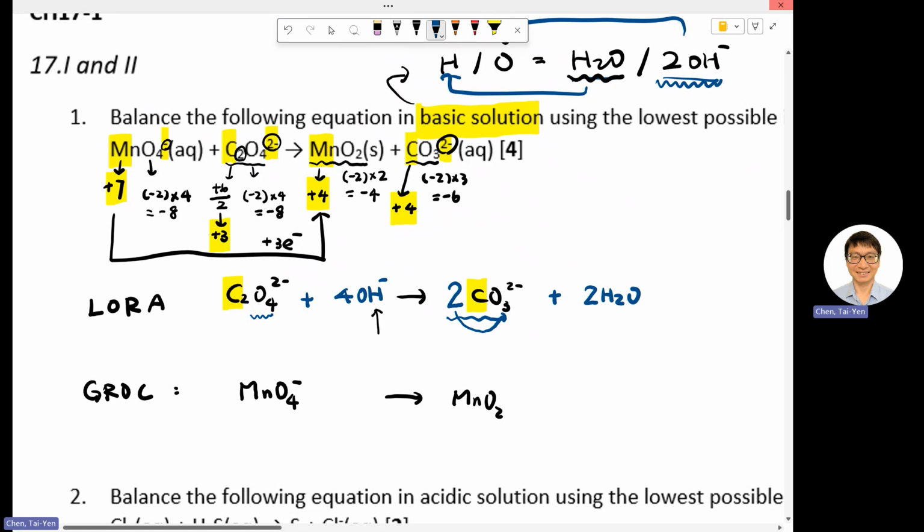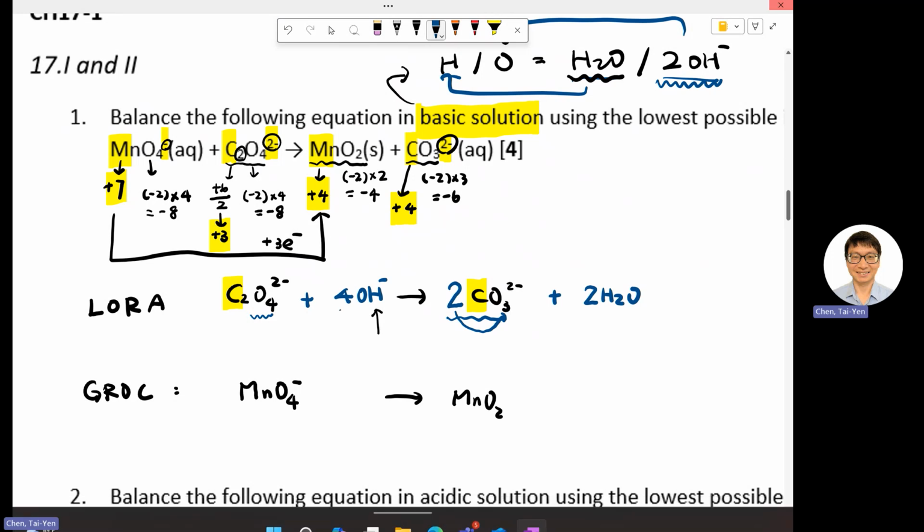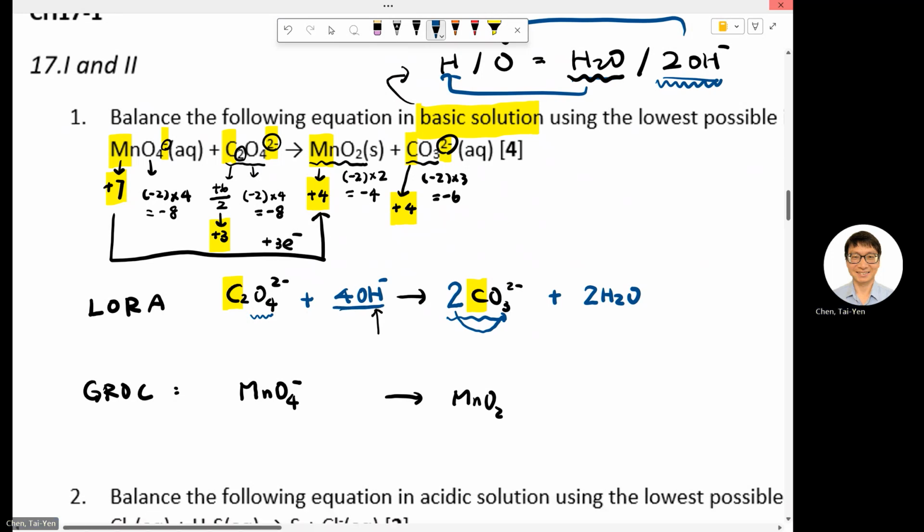Okay, so in basic solution, this is typically what you will need to do. First, you need to balance your hydroxide or oxygen. Then you come back to balance it again using your H2O. Okay, and after you do this, then you can check.